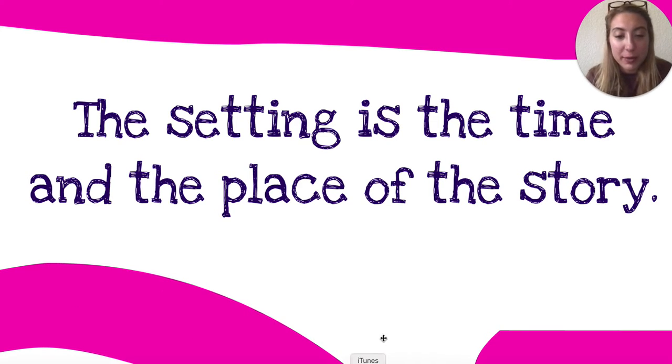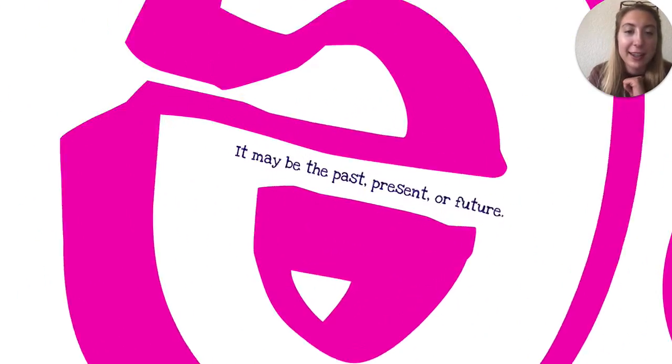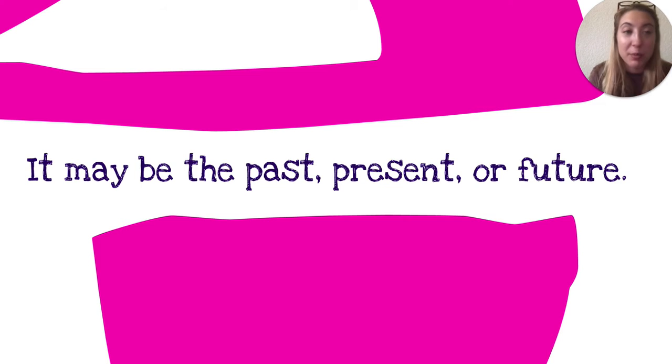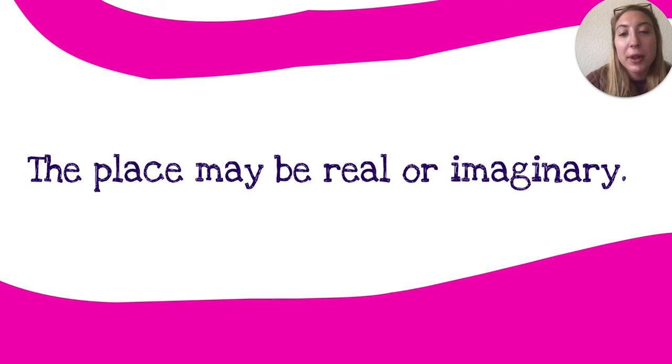Which means the story can be in the past, the present, or the future. The place may be real or imaginary. If it's a nonfiction book, that means it's true. But if it's a fiction book, it still has a setting, but it could be completely made up.